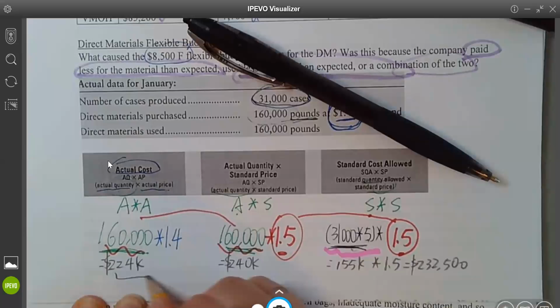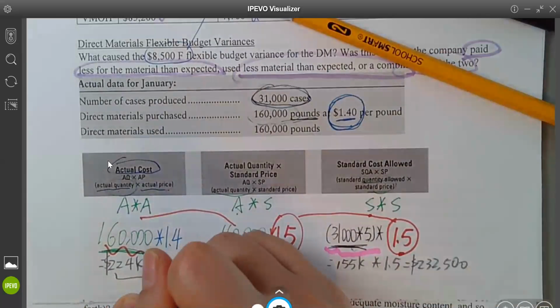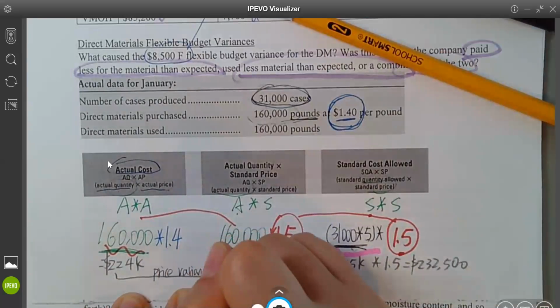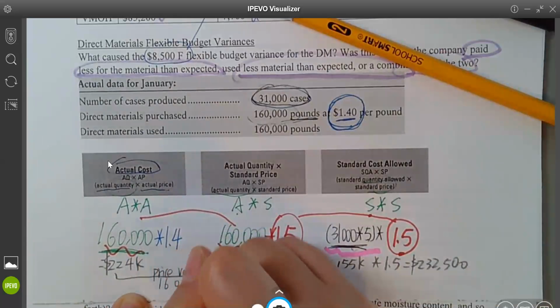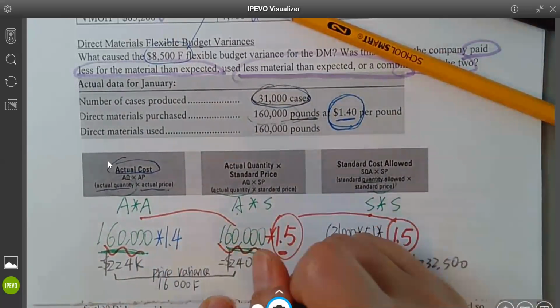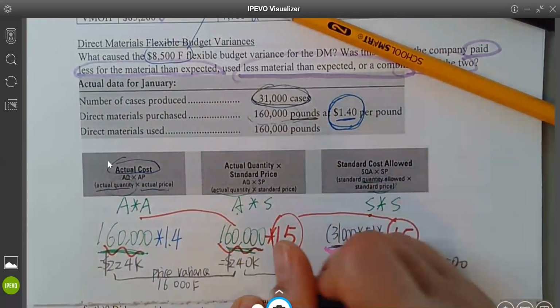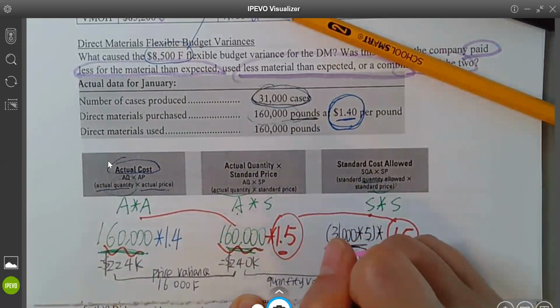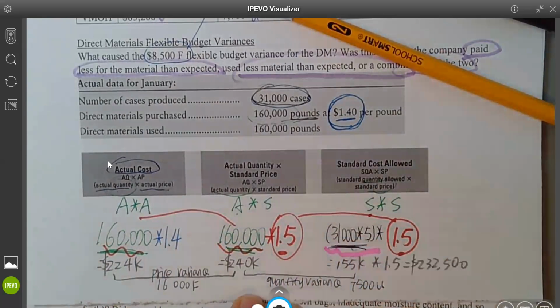The difference of this and this, we call it a price variance, and it's 16,000 favorable. The difference of 240,000 and 232,500, we call it quantity variance. And it's 7,500 unfavorable.